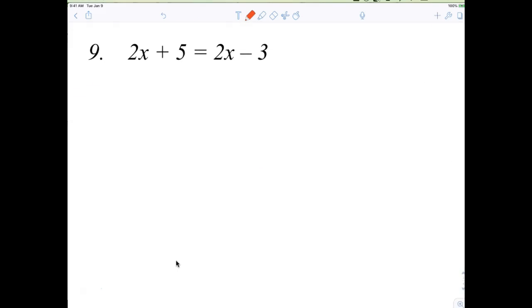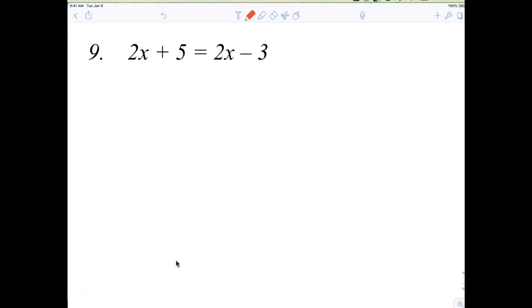Now, this right here, everybody should look at that a little funny and say, how is 2x plus 5 equal to 2x minus 3? Is that possible? You should be able to look at that and say it's not possible. Now look up here so I can tell you something. Here's where I'm just trying to make you smarter with numbers rather than just understanding math.